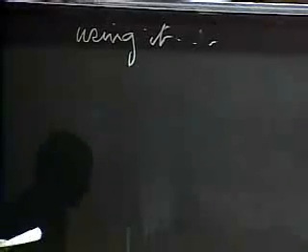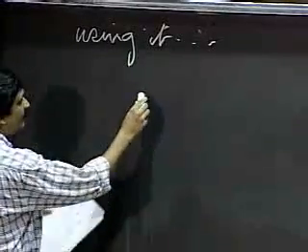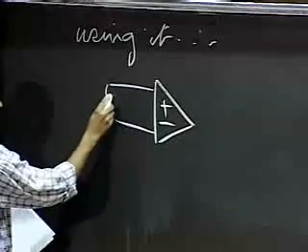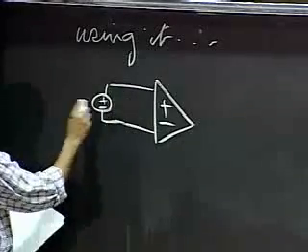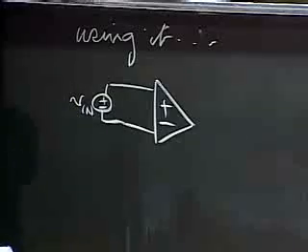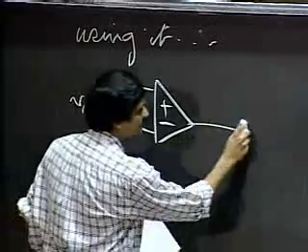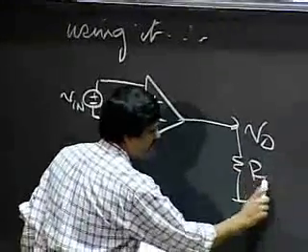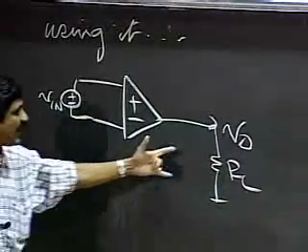how do I go about using the op-amp? Let me show you how it looks on a scope. What I'm going to do is apply the input to the op-amp, look at the output, and place the resistor RL to ground.